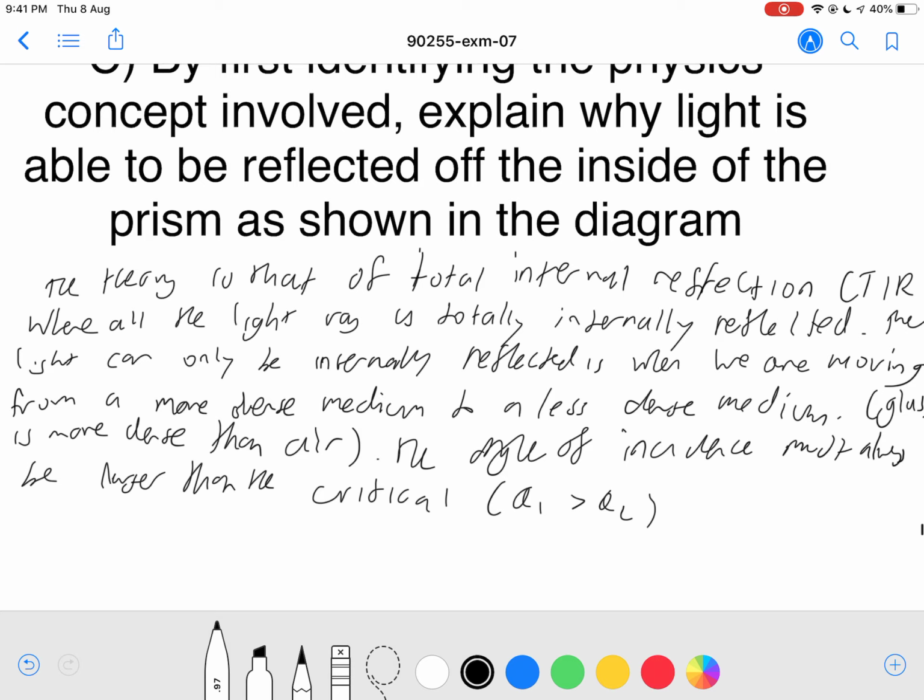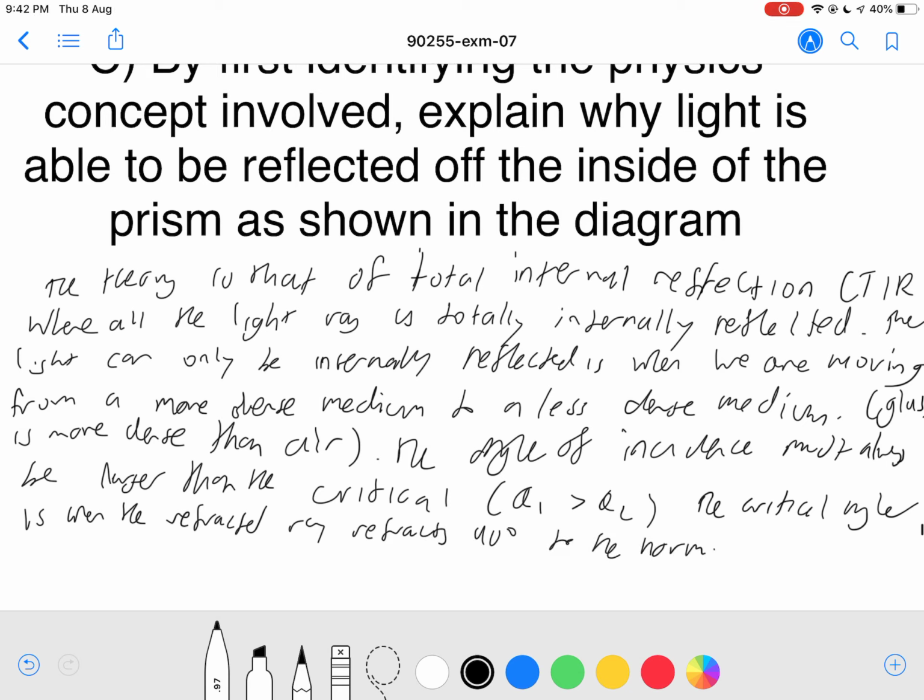So we can just say the critical angle is when the refracted ray refracts 90 degrees to the normal, and the corresponding angle of incidence is the critical angle.